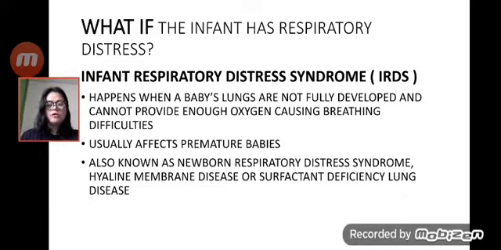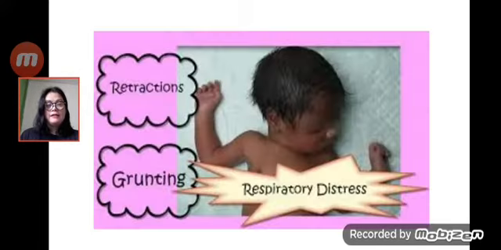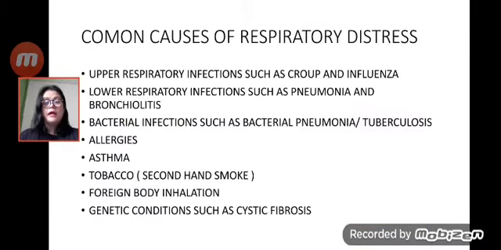This is also known as newborn respiratory distress syndrome, hyaline membrane disease, or surfactant deficiency lung disease. As you can see from the picture, this is an example of respiratory distress, wherein upon assessment there is retraction and, of course, grunting of the infant.